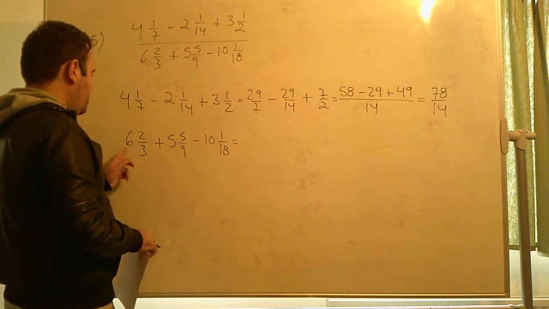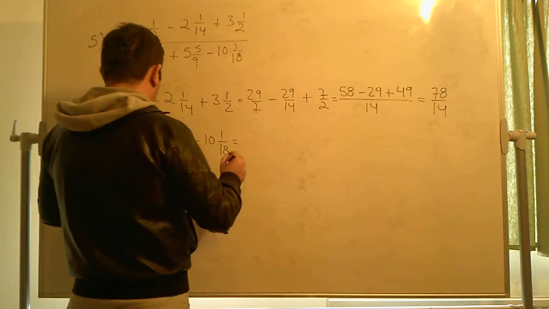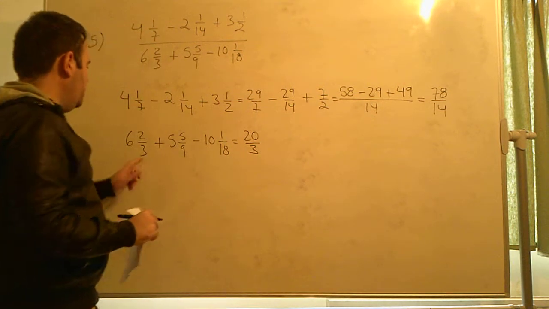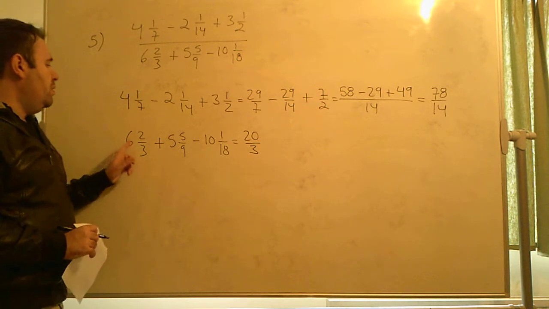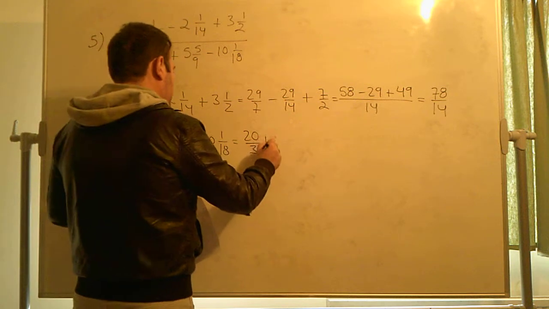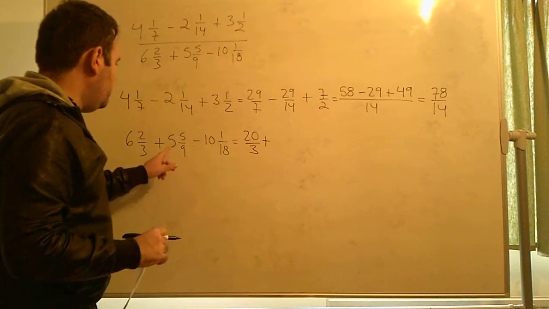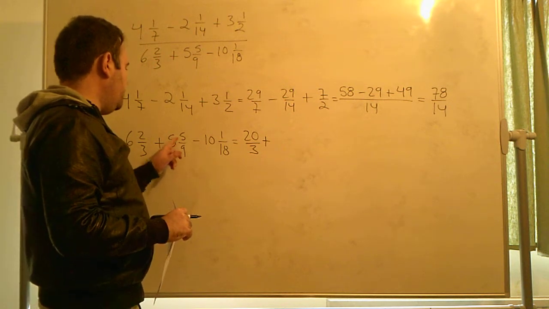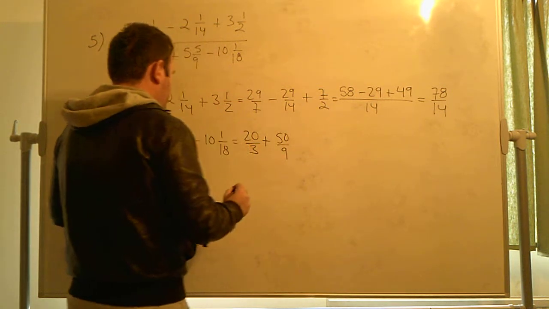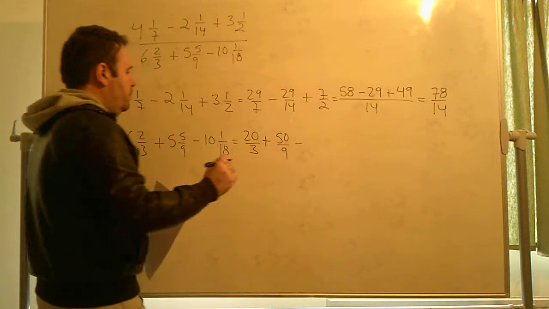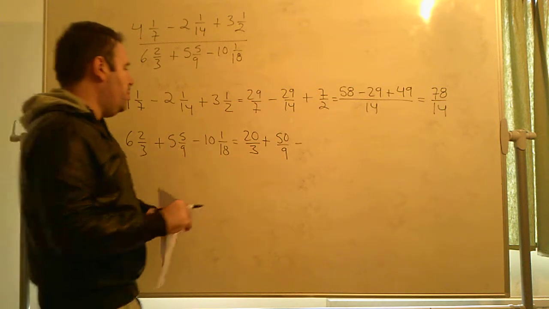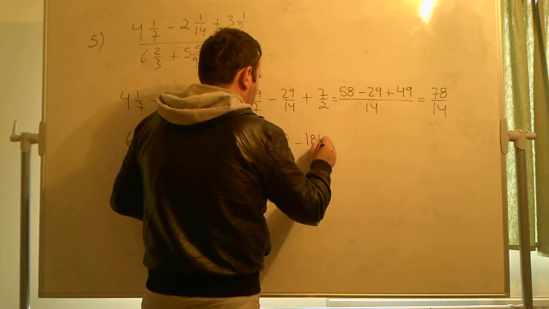So 3 times 6 is 18, plus 2 is 20/3, plus 9 times 5 is 45 plus 5 is 50/9, minus 18 times 10 is 180 plus 1 is 181/18.